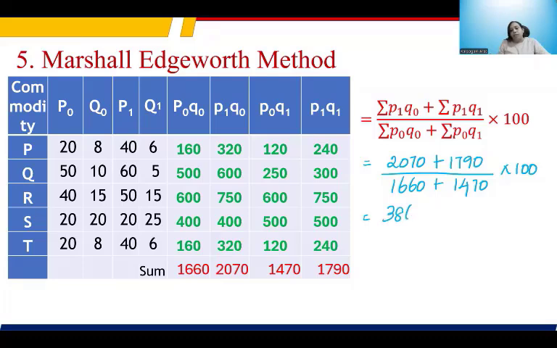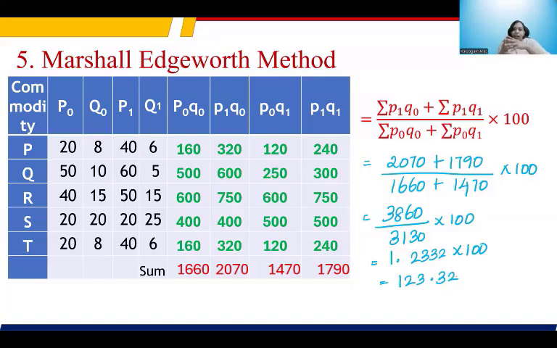Numerator value 3860 divided by denominator value 3130 multiplied by 100. 1.2332 into 100. 123.32. So according to Marshall-Edgeworth method as well, there is an increase of 23.32% in the pricing.